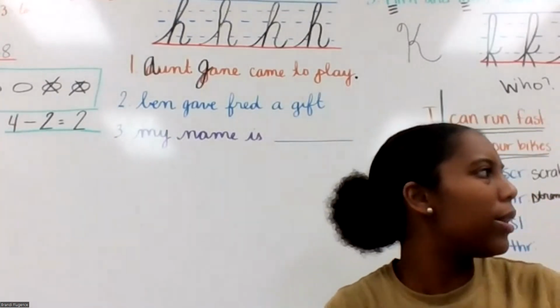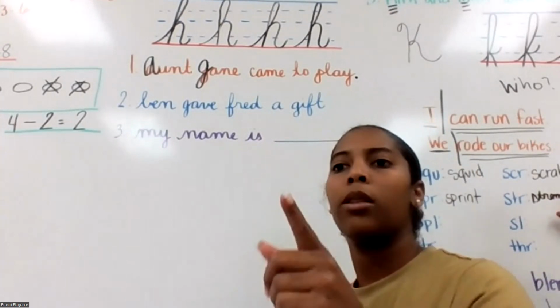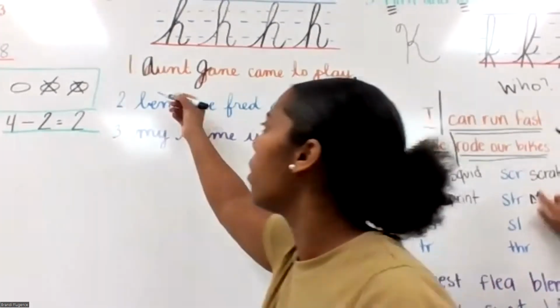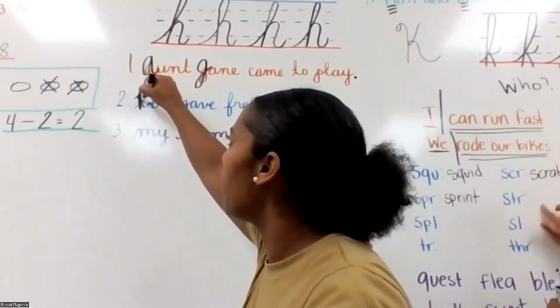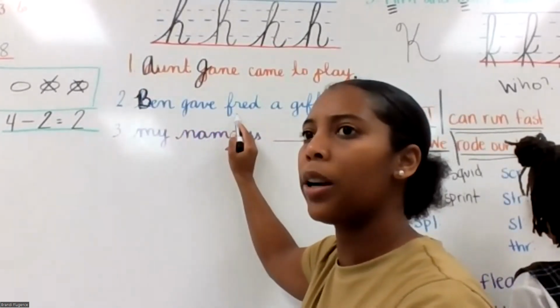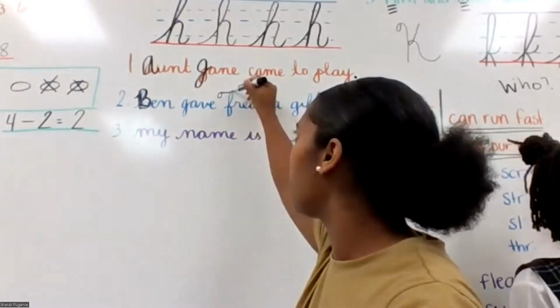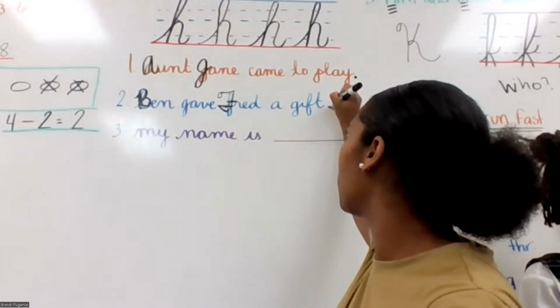All right, Kendall. Capital B. We're missing something. Fred is a proper noun. We have to capitalize the F in Fred. That's a proper noun, and then we put a period.